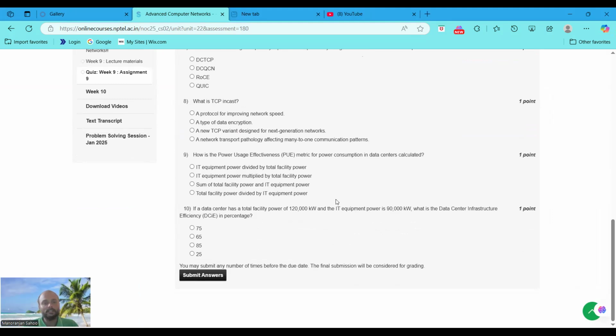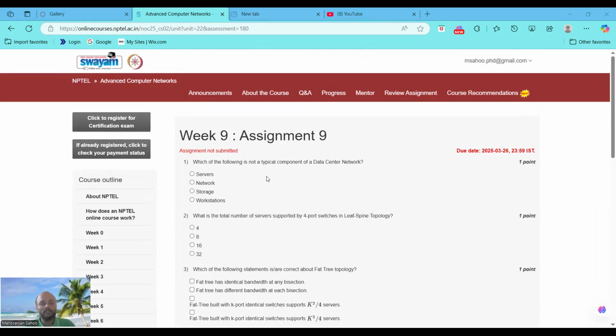The first question is asking which of the following is not a typical component of a data center network? The answer is workstation. Workstation is not a typical component of a data center network. A data center network, that is DCN, typically includes servers, network, and storage.